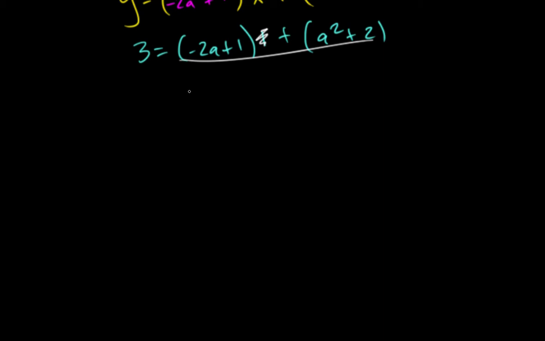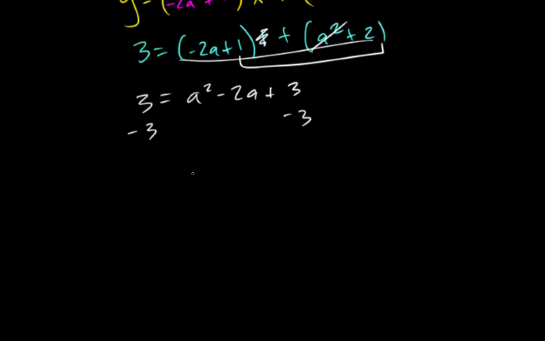And then if we simplify this, or just basically write it in a different order and combine these two, then we subtract 3 from both sides, we end up with 0 equals a squared minus 2a. And we can factor out an a.